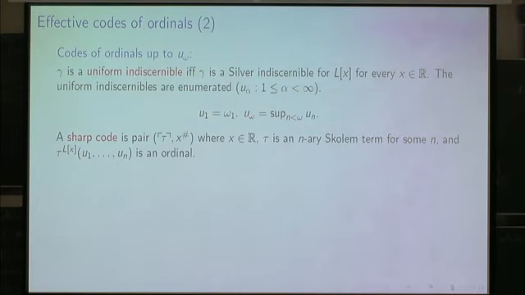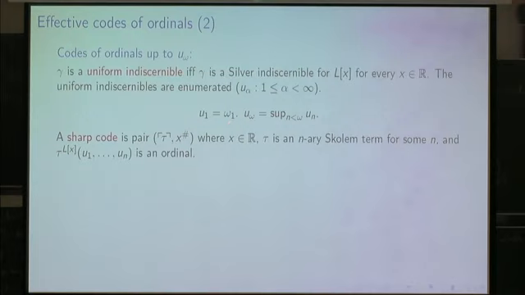This will be the least ordinal on which there is a tree effectively projecting to sigma 1, 3 sets. So for now, this is the ordinal we want to look at, and there is a very natural way of coding ordinals up to u omega.